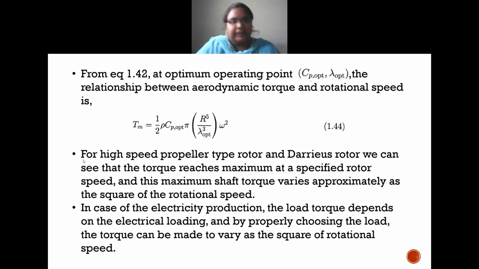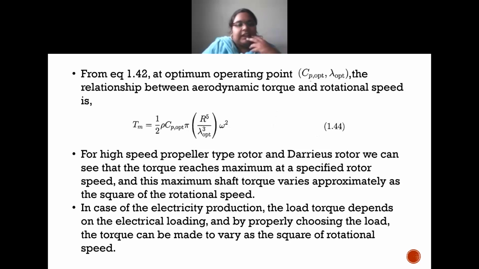He's saying that we know there is an optimal operating point, and at the optimal operating point, the relation between the aerodynamic torque and the rotational speed is given by this equation. This equation is developed from the power equation. Simply, he is taking the power equation and dividing it by the angular velocity.